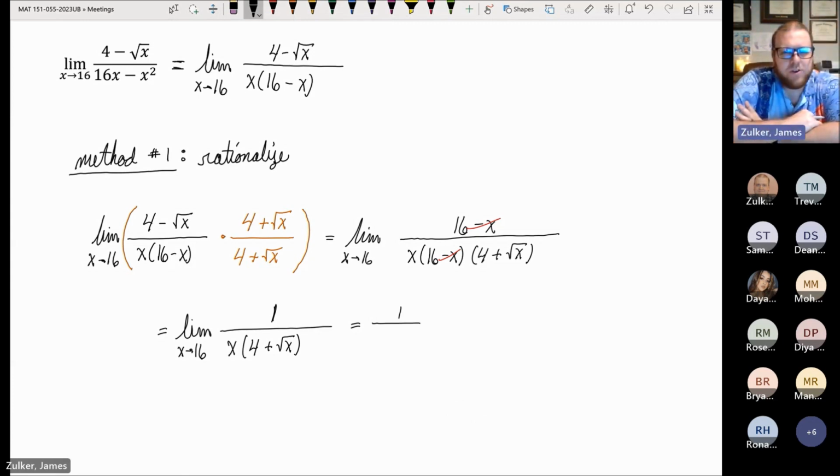We'll be left with 1 over 16 times 8, which is 2 to the 7th, 128.